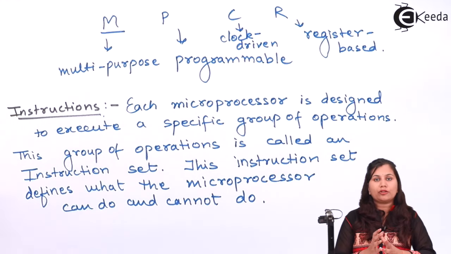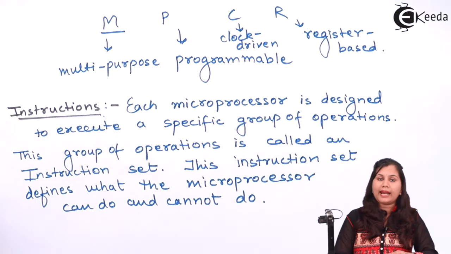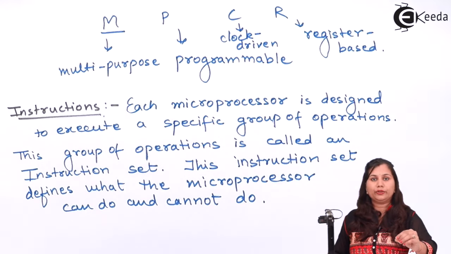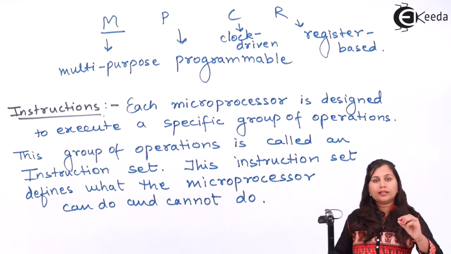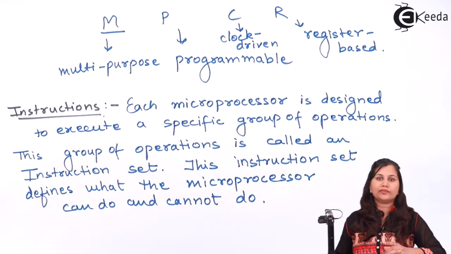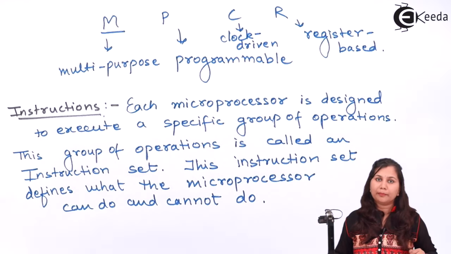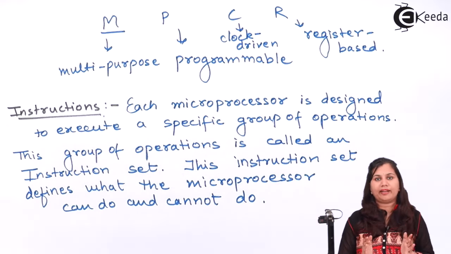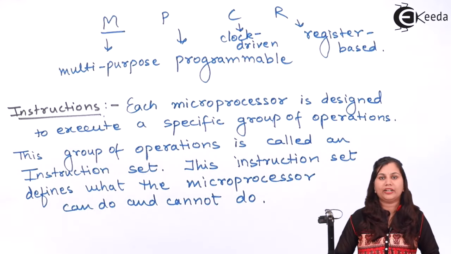When the manufacturing of the microprocessor is going on, the manufacturer defines all the instructions, and all the instructions are combined in the instruction set, and that instruction set is provided to the customer. Now the customer can check through this instruction set the operations which this microprocessor can perform. So we can say that the instruction set defines what the microprocessor can do and what it cannot do.